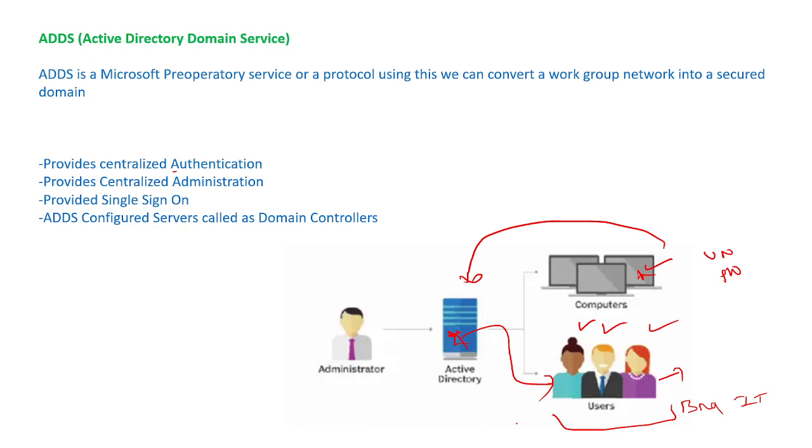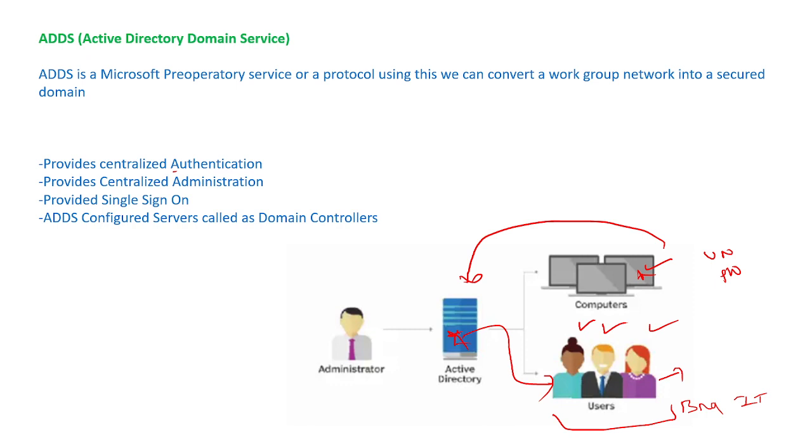That is called centralized administration. It means you don't have to log into each and every computer, or reach out to any user individually, to do the administration. All the administration is done by just logging into the central store, the Active Directory domain controller. That is why we call it centralized administration.